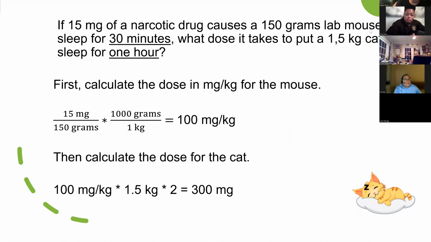How much is 1.5 kilograms in grams? I put one comma five kilograms instead of 1.5. Yes, 1,500, they said. In Europe, instead of a period we use a comma. So 1,500, and you want to put it to sleep for 1 hour. You can start doing the calculations right now.